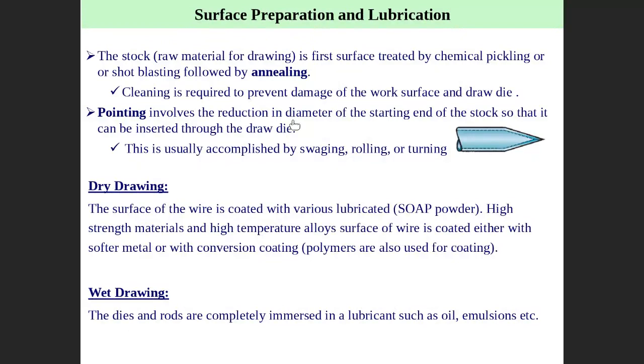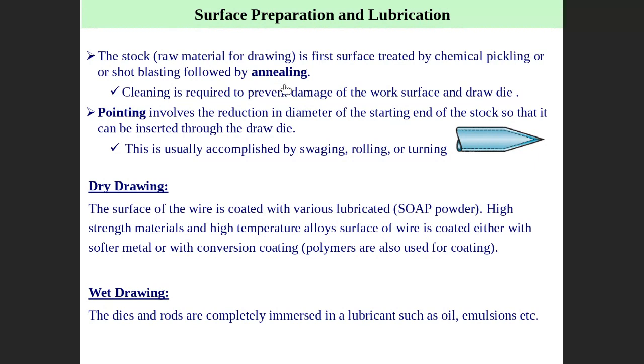Okay, preparation. What preparation do you need to do for wire and bar drawing? First, you need to clean the part and you need to do annealing. You do chemical cleaning to make it ready, and then you do annealing.